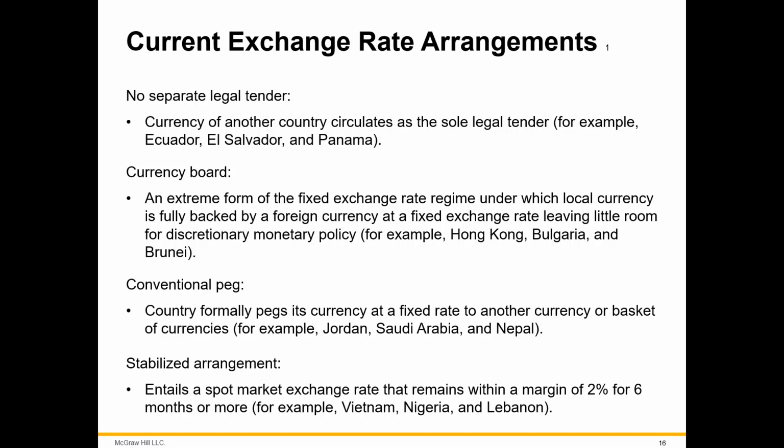Another approach is a currency board. This is a local currency which is fully backed by a foreign currency at a fixed exchange rate. In Bulgaria, they have a local Bulgarian currency, but they are very, very strict about maintaining a very tight exchange rate regime with the euro specifically.